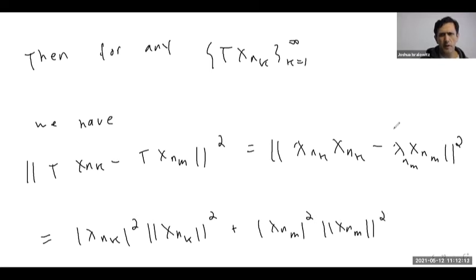And the reason is very simple. T is self-adjoint, and we said all these lambdas are distinct, so we know that eigenvectors corresponding to different eigenvalues are orthogonal. And of course, these two norms are equal to 1.